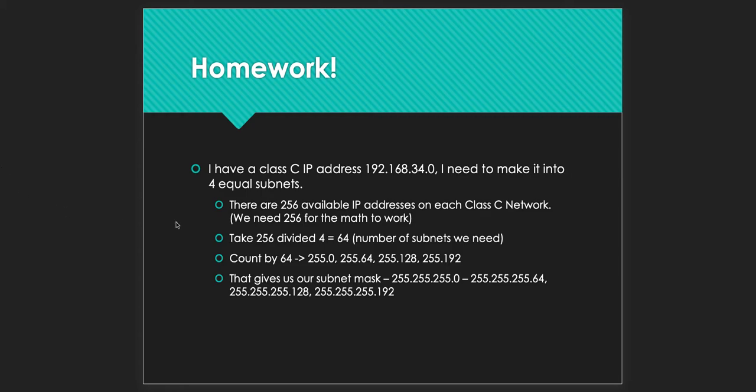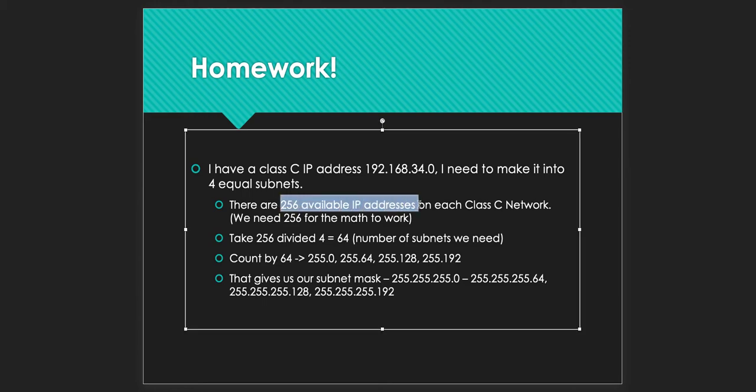You can see this here. I need a Class C IP address, and I need to make 4 equal subnets. There are not really 256, but I need 256 for the math to work. So I need 256 divided by 4, and that gives me 64. That's the number of spaces, the total subnets I need.